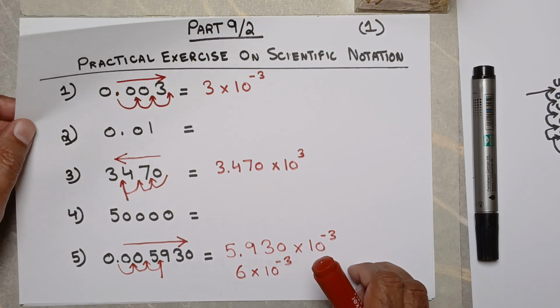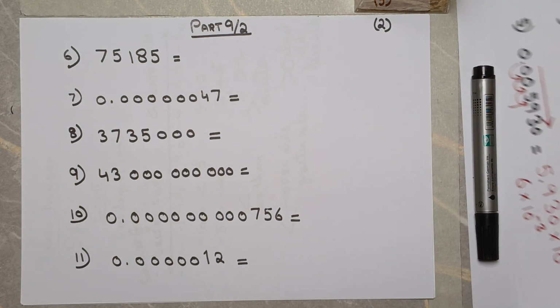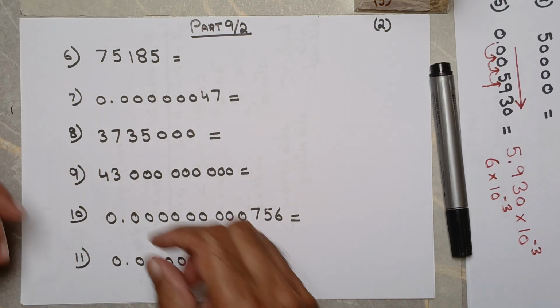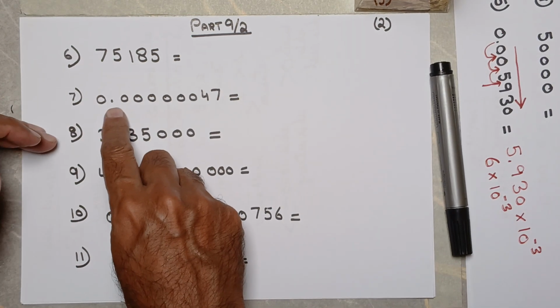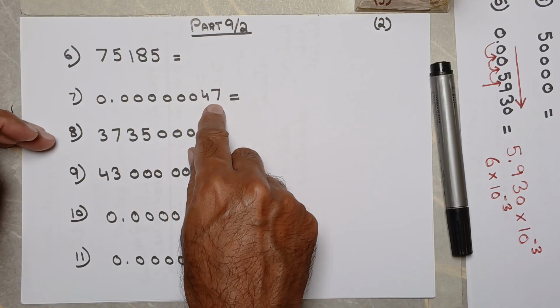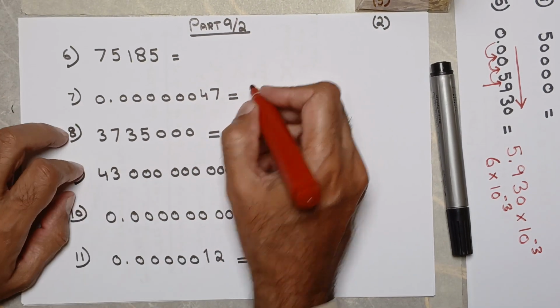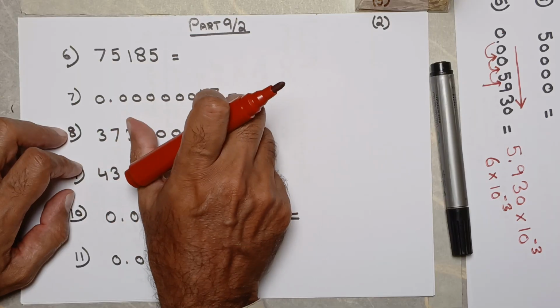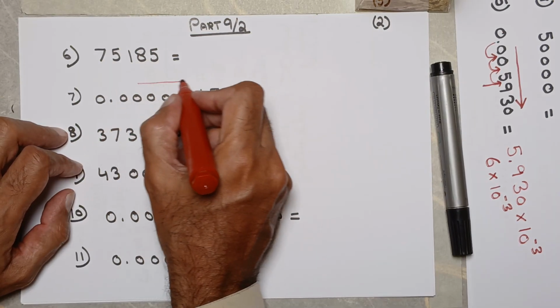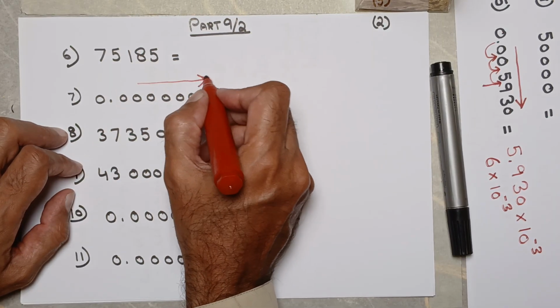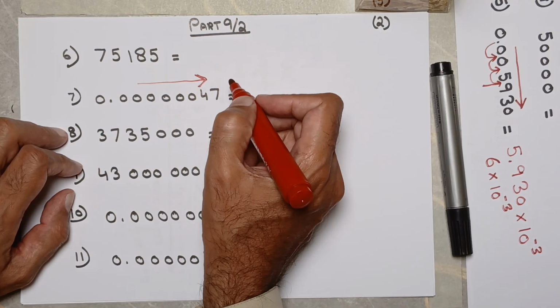Now let me change the page and move on to the other questions. Question number 7, 0.0000047. First of all, I am going to see that this is a small number and the decimal is going to be moved towards the right. So it means that I have got a negative exponent over here.